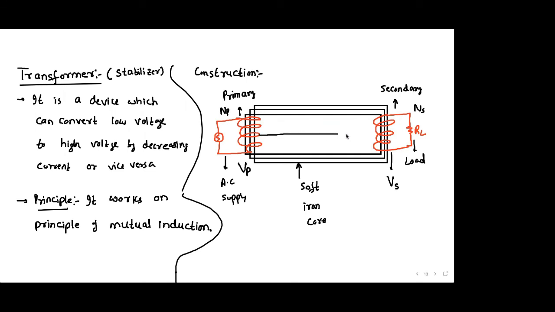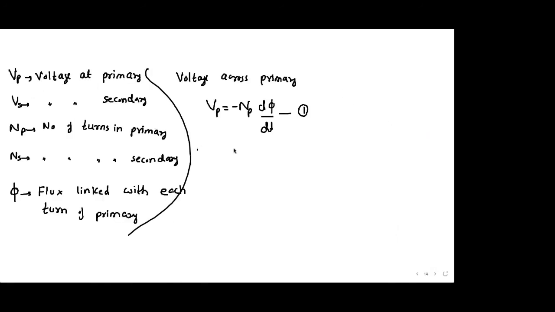When magnetic field travels from primary to secondary, it remains same. Although it's an approximation, because you know that magnetic field strength decreases with separation. Here magnetic field is strong, here it should be weak. But we are taking this approximation that magnetic field at primary and secondary are more or less same. And that approximation is known as they are coupled.